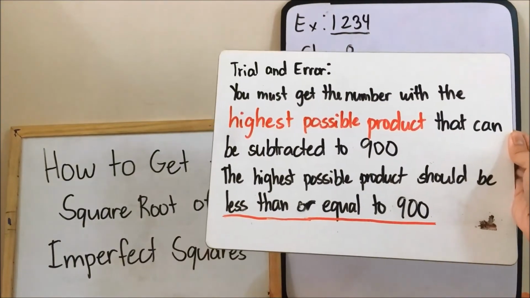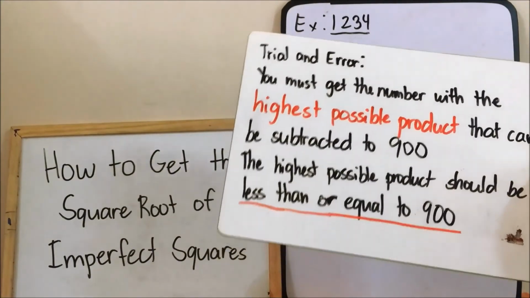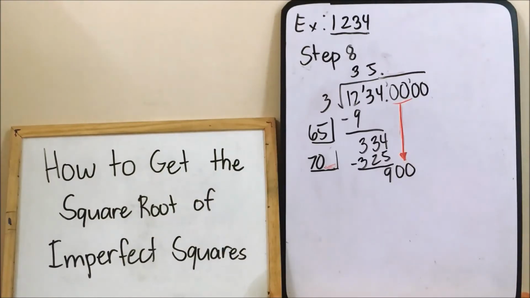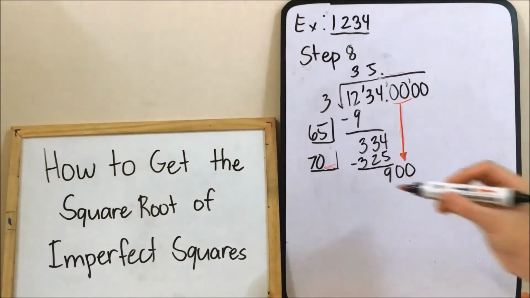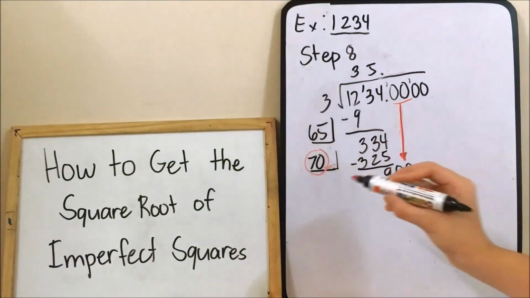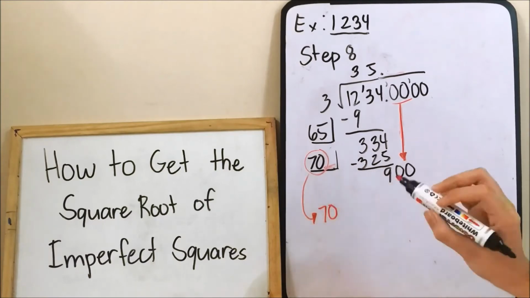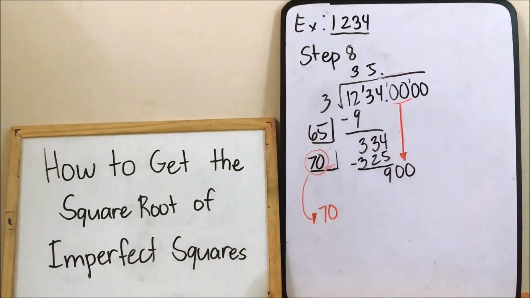The highest possible product should be less than or equal to 900. We will be doing the step that we did in step 5 again, but now we'll be using this 70. So 70, and we will use trial and error numbers again.